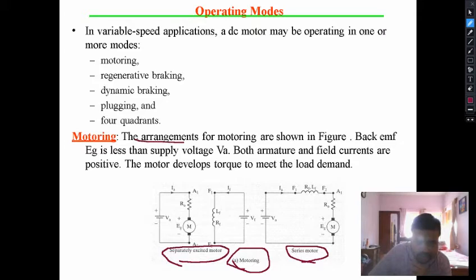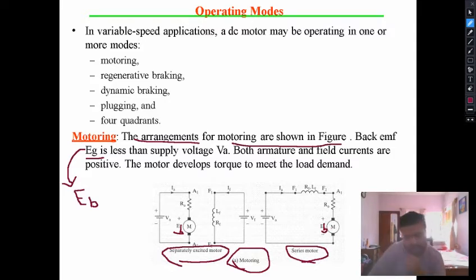So the arrangements for motoring are shown in the figure, and obviously the back EMF is less than supply voltage VA, because EG, rather it should be EB or the back EMF. For generator it should be EG, for back EMF it should be EB. So let us replace it by EB. Here also it is EB. Here also it will be. So these are the nomenclature conventions, right?